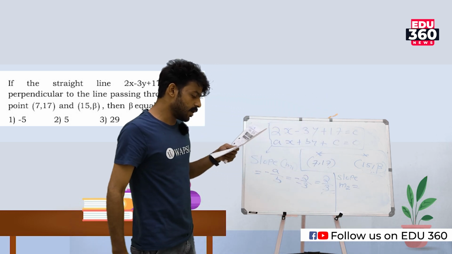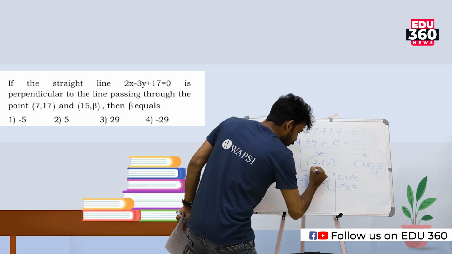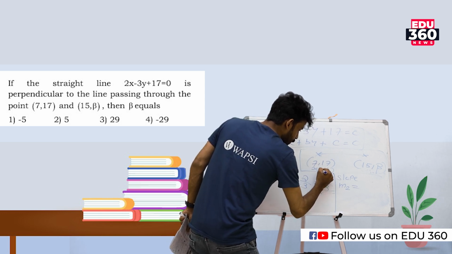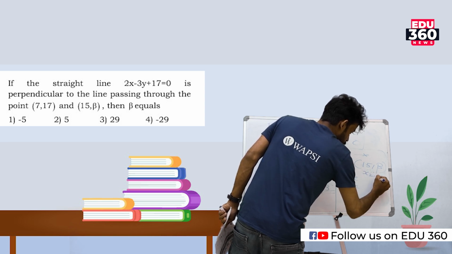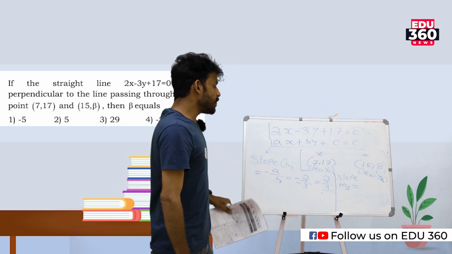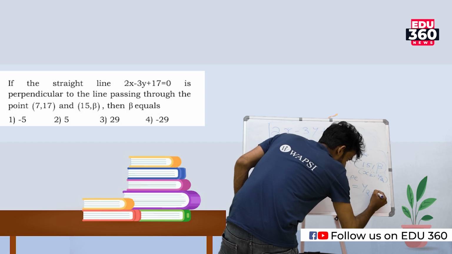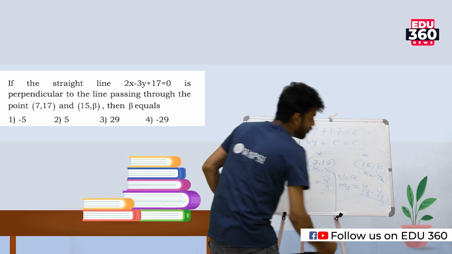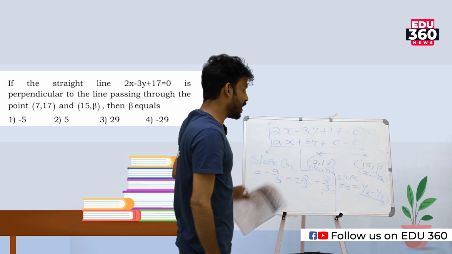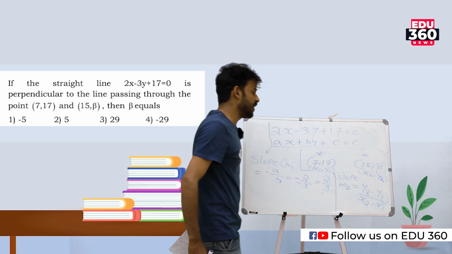m2 is equal to y2 minus y1 divided by x2 minus x1, where the points are x1, y1 and x2, y2.